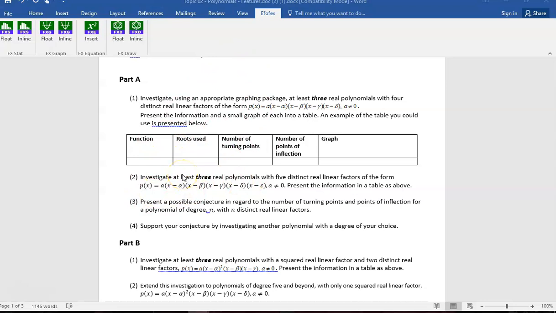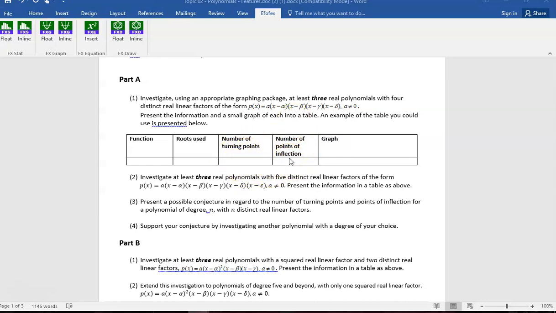However, hello? So I think we've given the game away that when you have 4 distinct real roots, you have 3 turning points, and you have 2 points of inflection. That's all you have to talk about, right? When you say, I've noticed this pattern, that is what a conjecture is. Don't get worried by that word. It is just, oh look, I looked at these 3 graphs, they all had the same number of turning points, they all had the points of inflection.